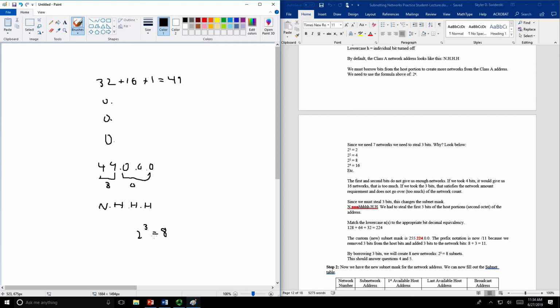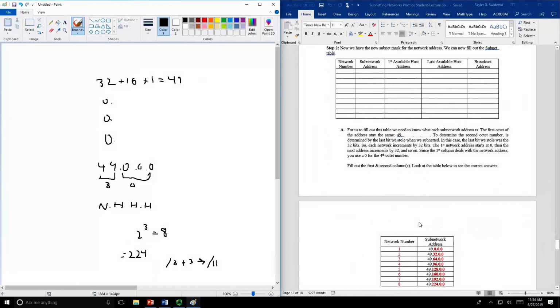So what is the decimal equivalent for the subnet mask? Again, 3 bits equals 224. Remember, 128, 64, 32, 224. And because we took 3 bits, and our prefix notation was /8, our new prefix notation is /11.